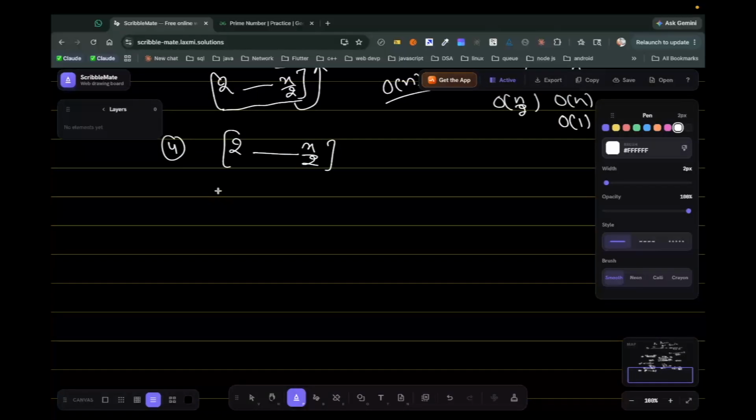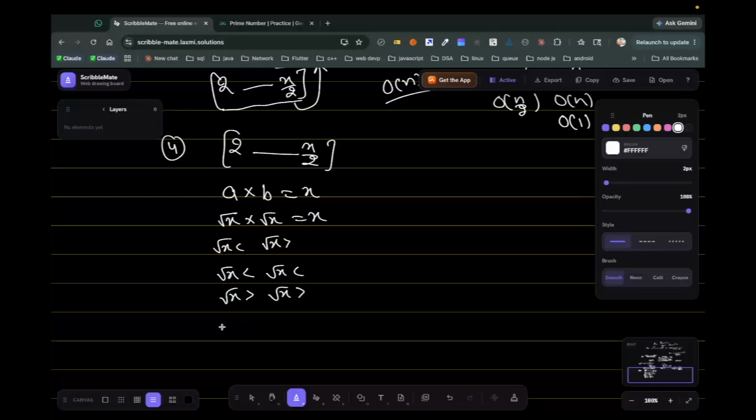Now let's see this. We have, let's say, a cross b is x. Now I can say that one of the roots is root x and the other root is also root x, which gives x. One of the roots is less than root x and one is greater than root x; both less than; both greater than; or one greater than and the other less than.